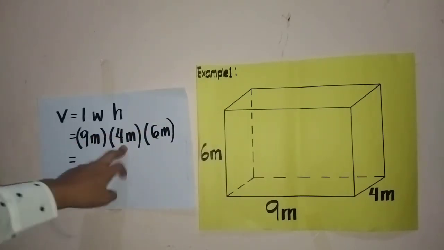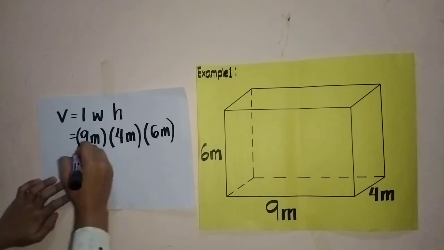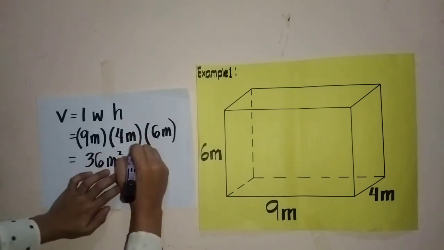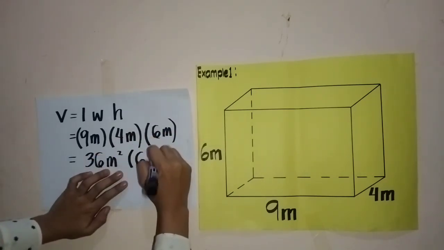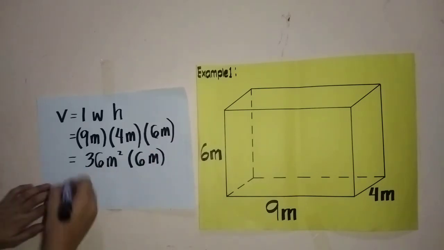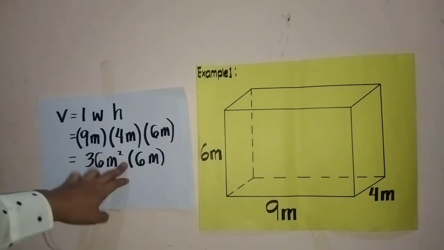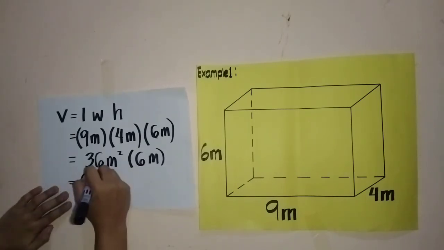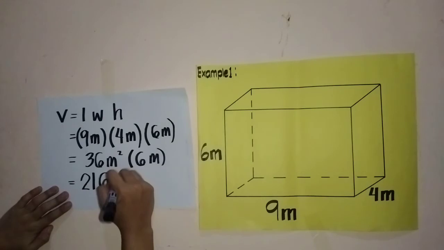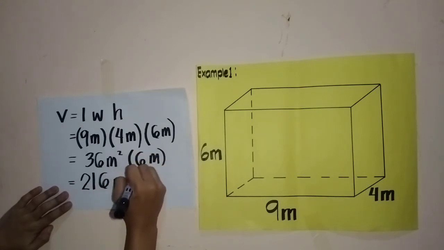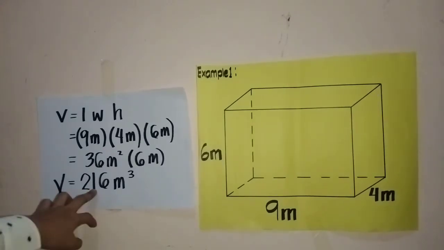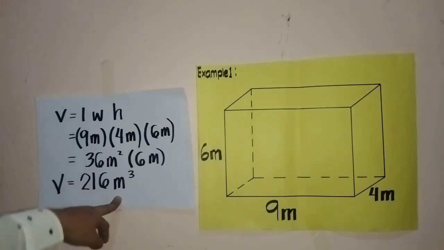So 9 times 4 meters is equal to 36 square meters, times 6 meters. So 36 square meters times 6 meters is equal to 216 cubic meters. So the volume of the rectangular prism is 216 cubic meters.